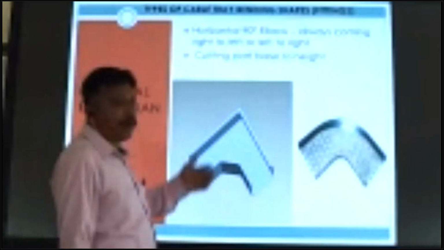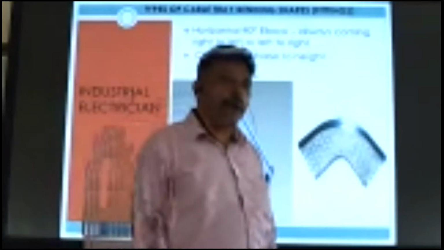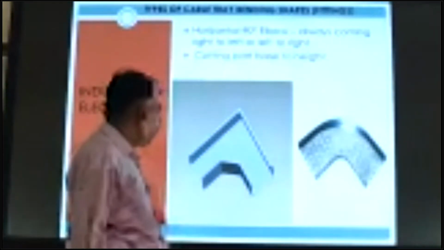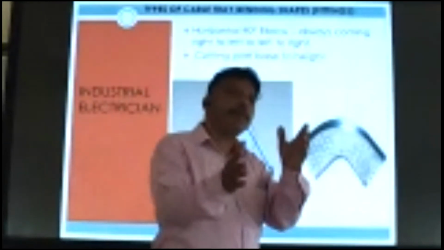Types of cable tray bends. How many types of cable tray bends are there? Why do we need bends in cable tray? Today we are discussing this. With cable tray bends, we make the route go from one direction to another.